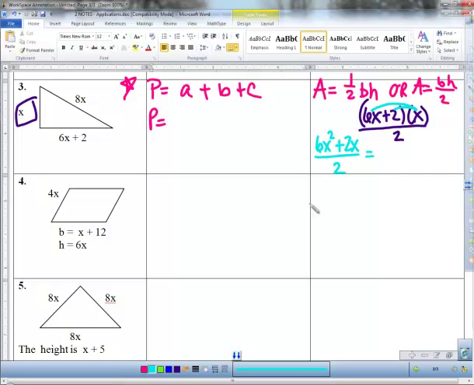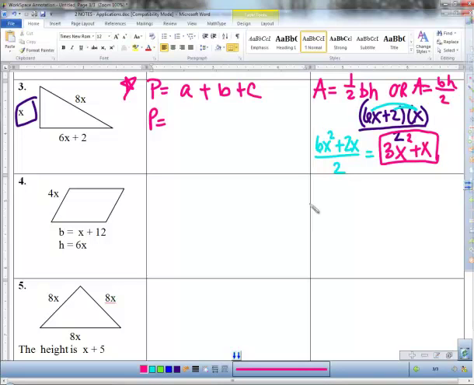Remember that we do not divide my exponents when I'm doing this. I simply divide my coefficients. So I have 6 divided by 2 gives me a positive 3x squared. And then I have 2x divided by 2, which gives me a positive x. So my area is equal to 3x squared plus x.